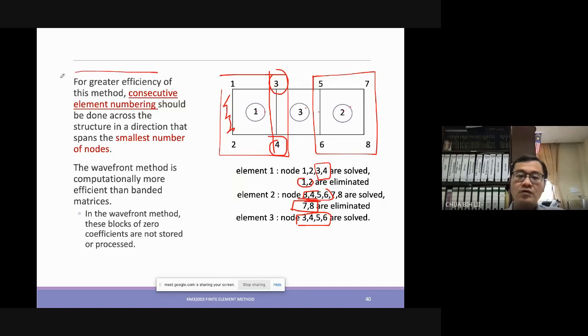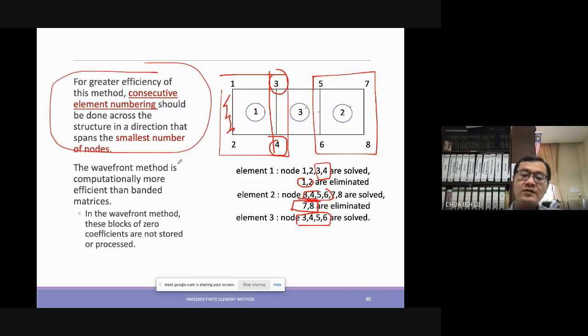So based on these observations, we can say that consecutive element numbering should be done across the structure, again in the direction spanning the smallest number of nodes, from the smallest number of nodes to the bigger one, right? So this is how you can make things much more efficient, right?